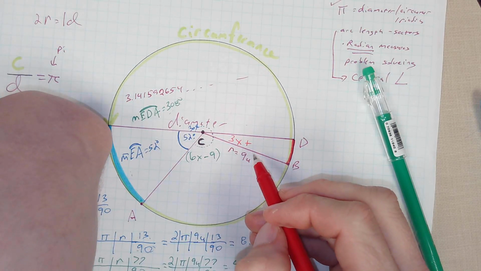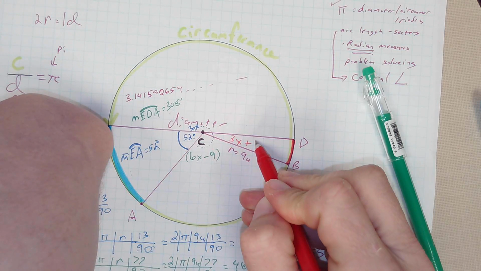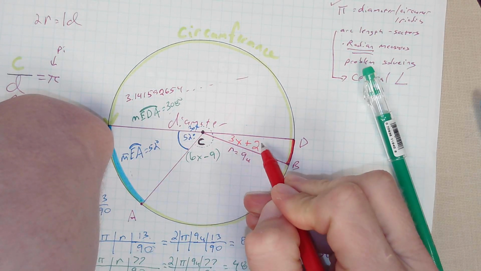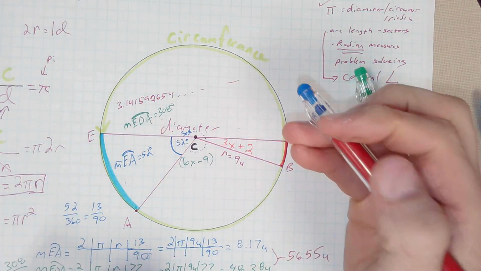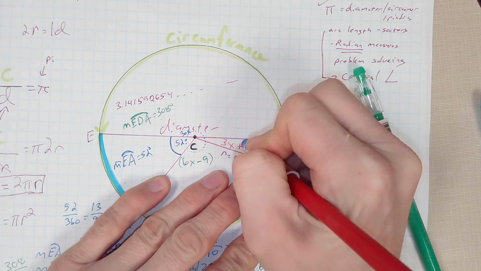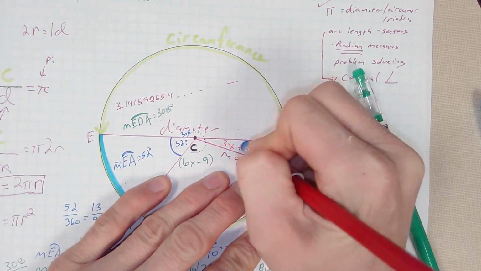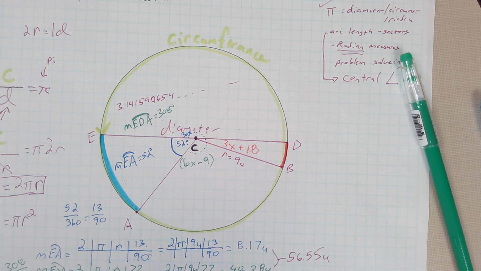We'll do 3x plus 20, plus 18. 3x plus 18. Yeah, it's 3x plus 18. That'll work.